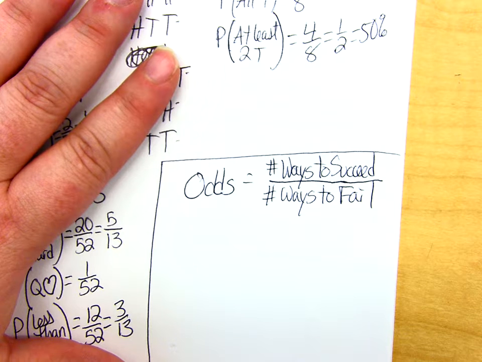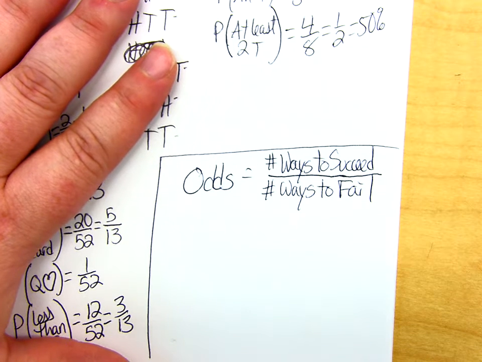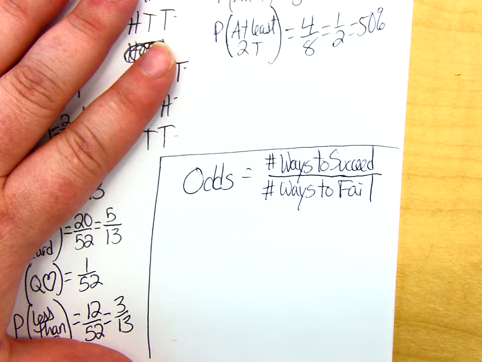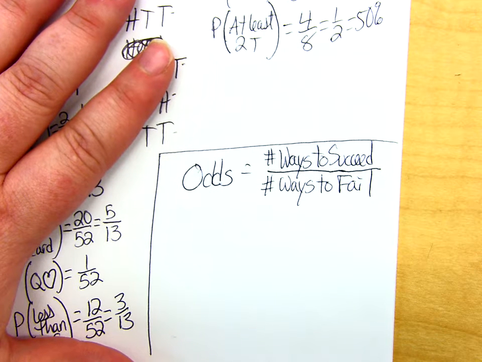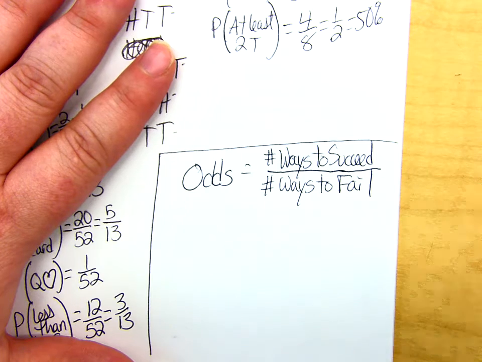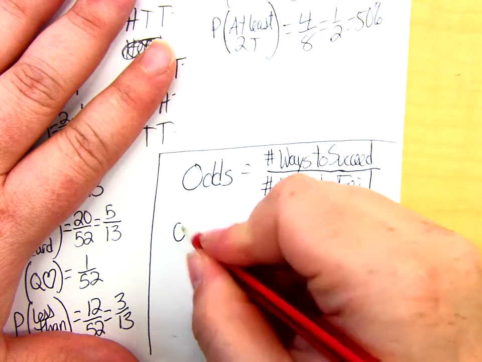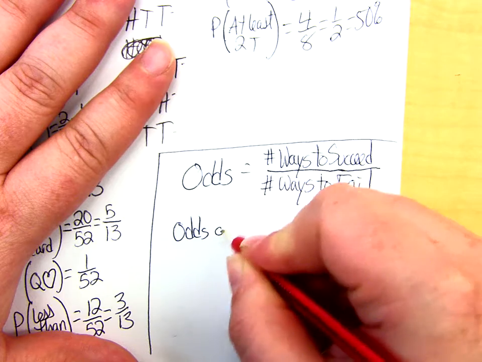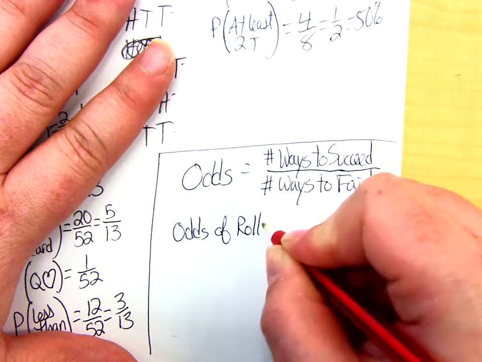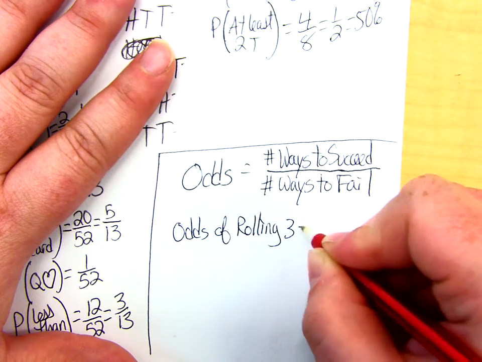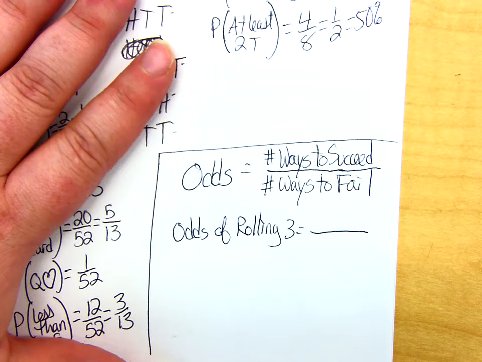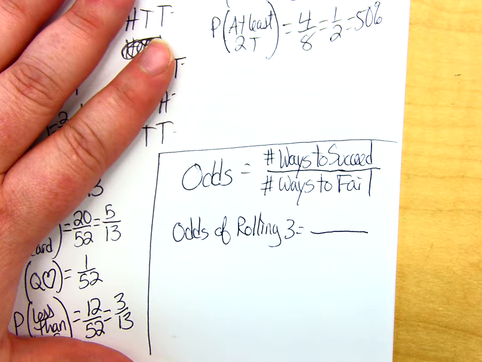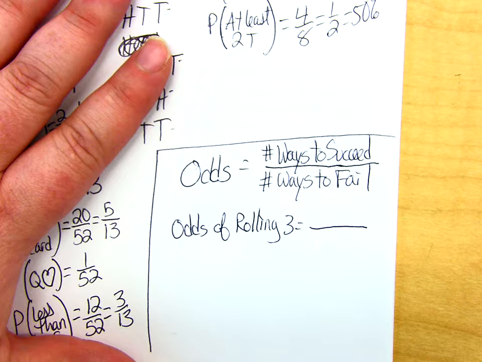So, let's go back to a simple example. Let's say we're going to roll the dice. If I want to talk about the odds of rolling a 3, how many ways are there for me to get what I want? If I roll one die, how many 3s are there? Just one.